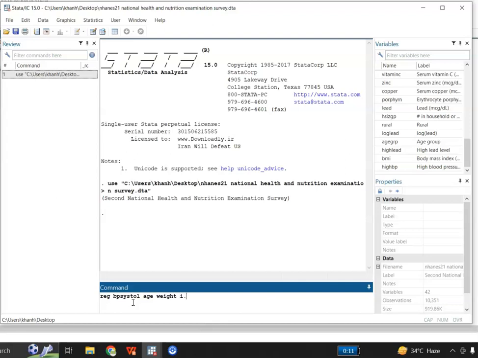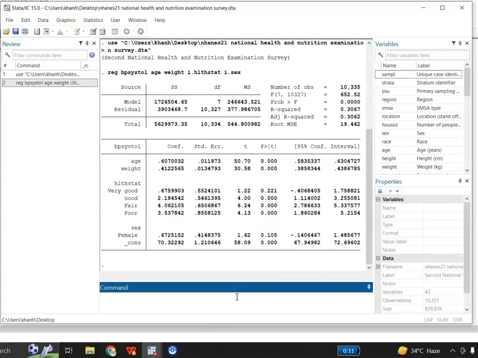Then health state is my categorical variable, in this I write i. in front of health state, and then I'm using another categorical variable, that is sex. So I will also use i. in front of this categorical variable, which has two categories, male and female. And health status has 5 categories. Hitting enter is going to regress this for me.